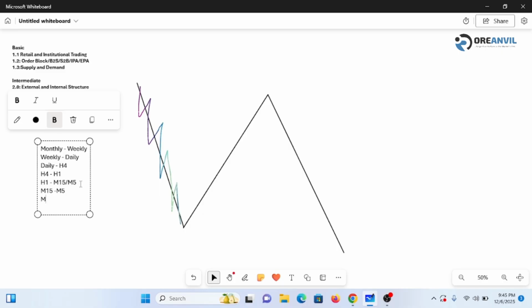Internal to M15 or M5 is M1, sorry, M1. So what is internal to M15 and M5 is our M1. That's about 1 minute.